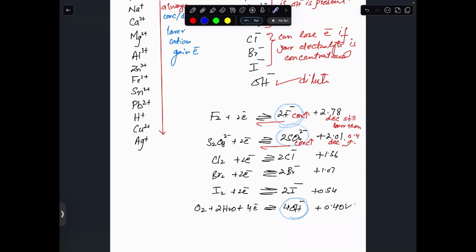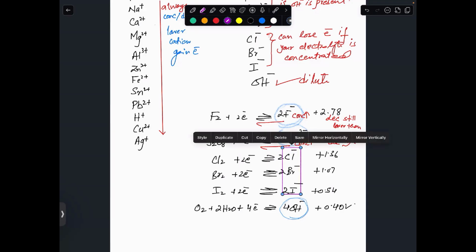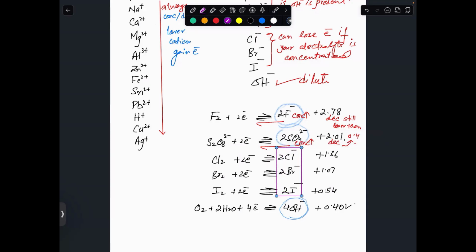But you know what about these three? If you increase their concentration, what will happen? The equilibrium will shift to the left.